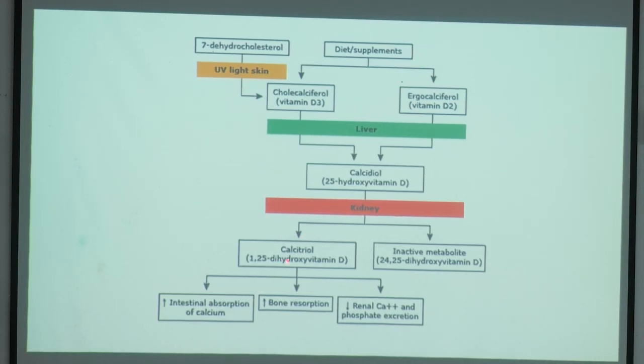Similarly, if a large amount of vitamin D is formed, it is converted to inactive vitamin D by the formation of 24,25-dihydroxyvitamin D. 24-hydroxylation occurs in vitamin D. So 1,25 is converted to the inactive form by 24-hydroxylase. There is another factor that is not mentioned here, called fibroblast growth factor, FGF.